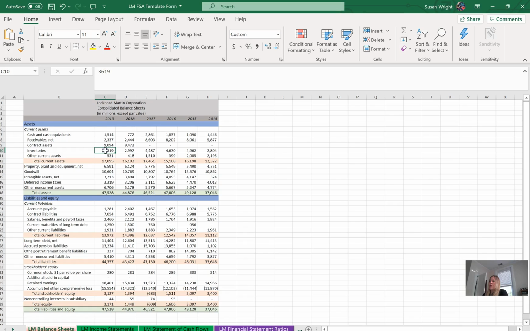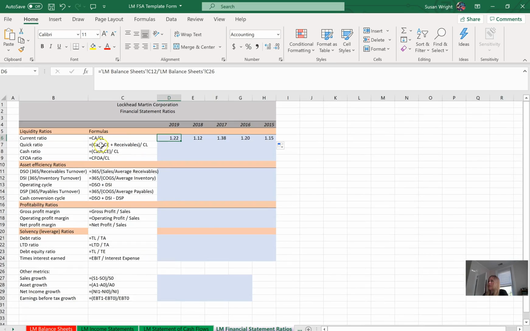So the inventory takes longer. It's less liquid. So we're going to focus on just how much really liquid, close to 30 days of liquidity, do we have. So when I do this next ratio, I'm only going to include cash and cash equivalents and the receivables, and divide by current liabilities.